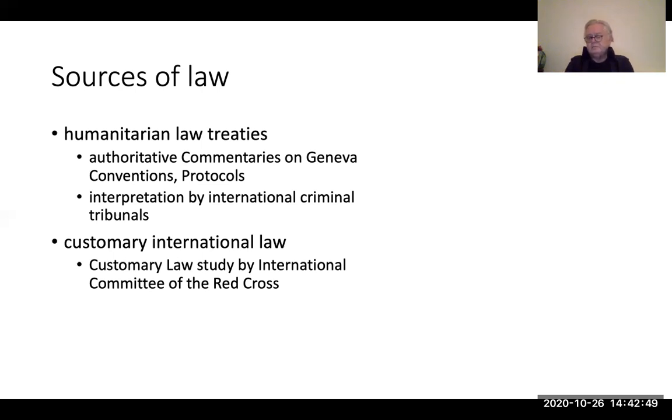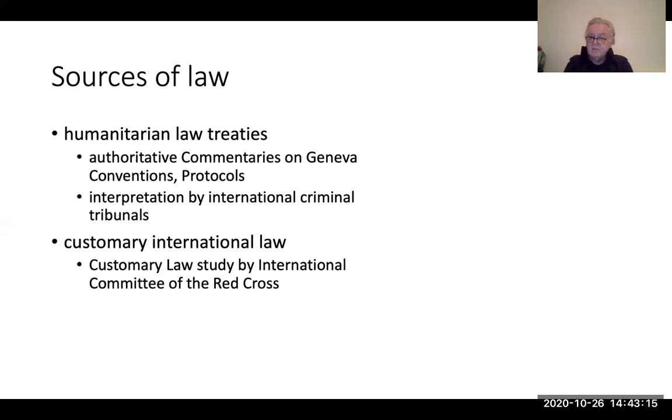And for this reason, it had often been said prior to the 1990s that the Geneva Conventions were probably coterminous with customary international law, that they were in effect equivalent to customary international law. The reason being that essentially every state on the planet had ratified the Geneva Conventions.